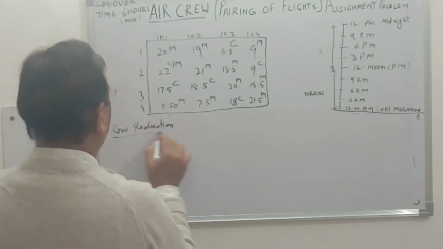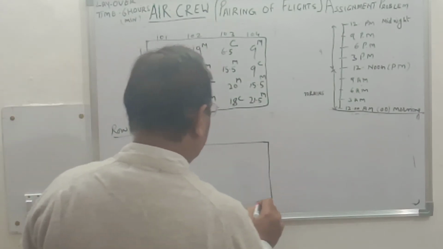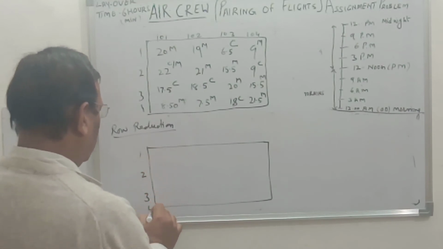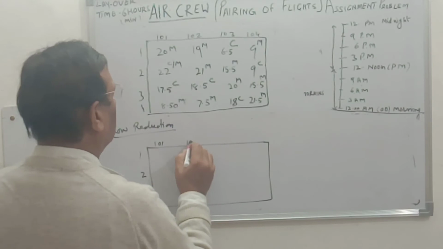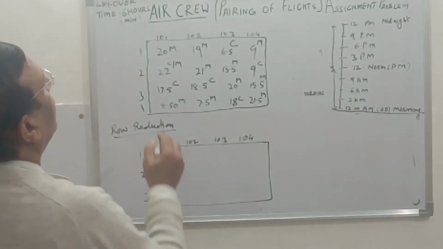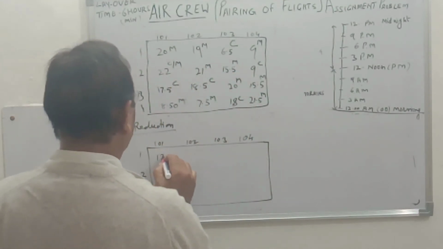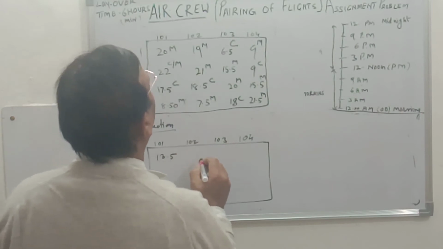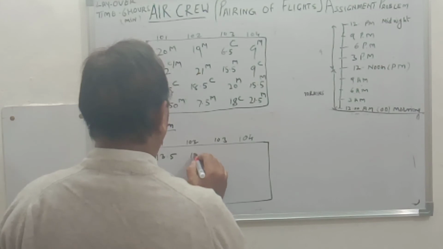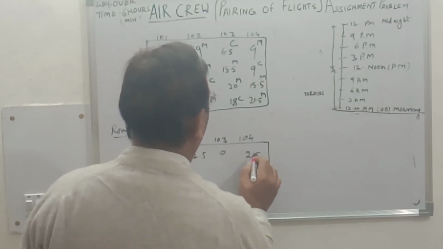Now, the same way as we have learned in various types of techniques, 1, 2, 3, 4, 101, 102, 103 and 104, and the row minima is 6.5, subtract. 13.5, it is 12.5, 0, 2.5.